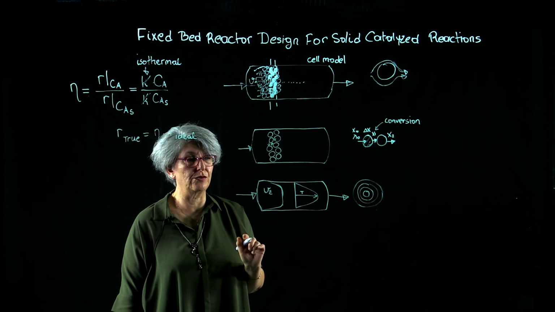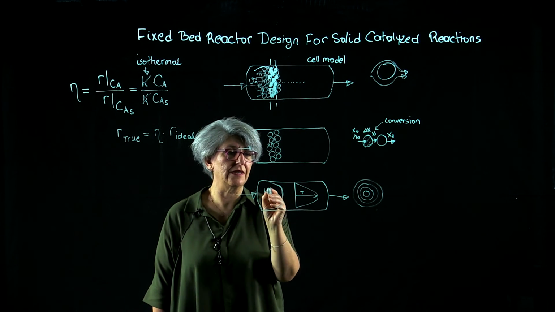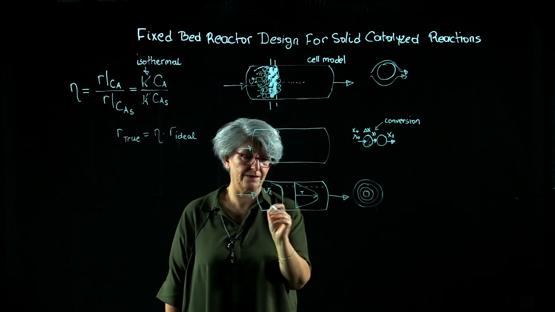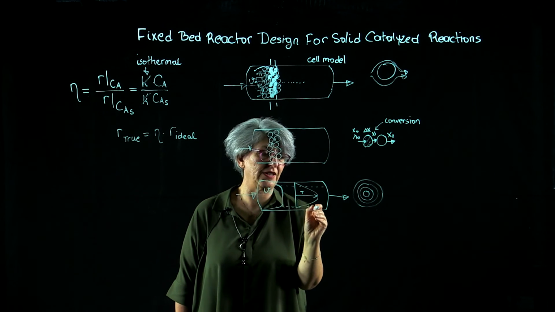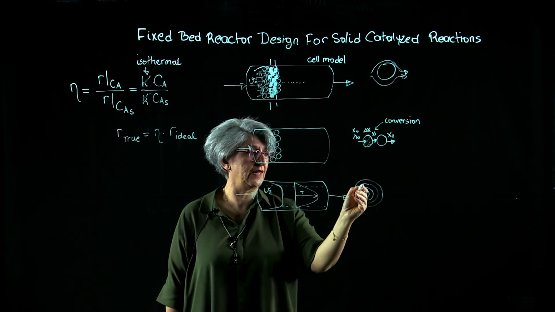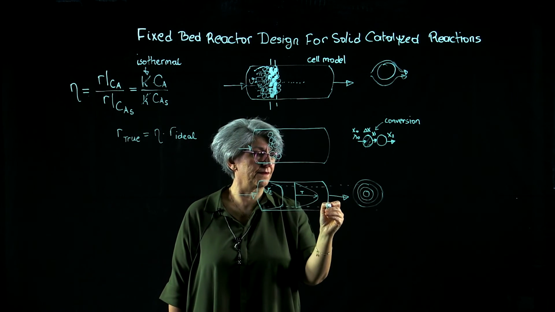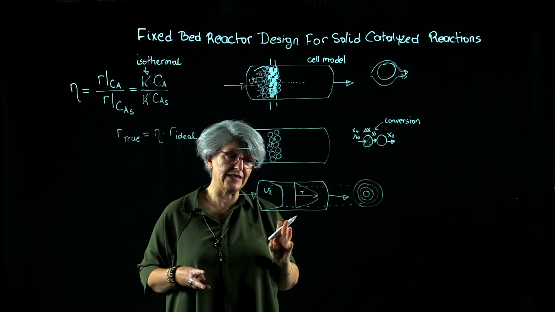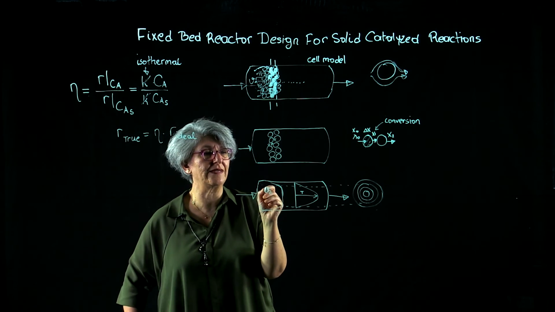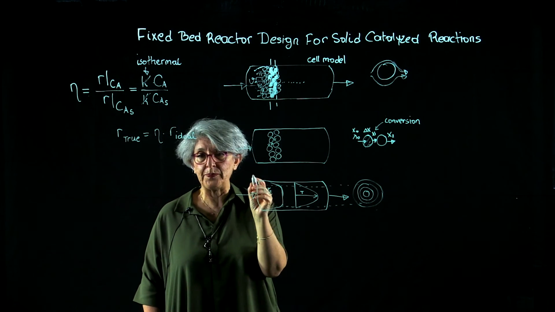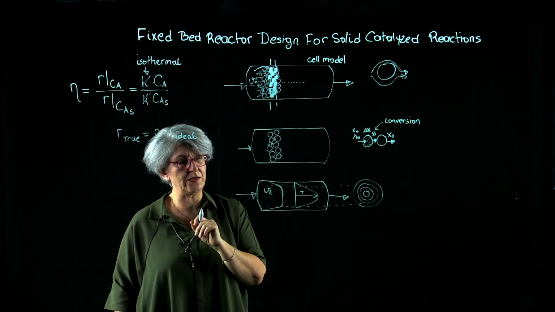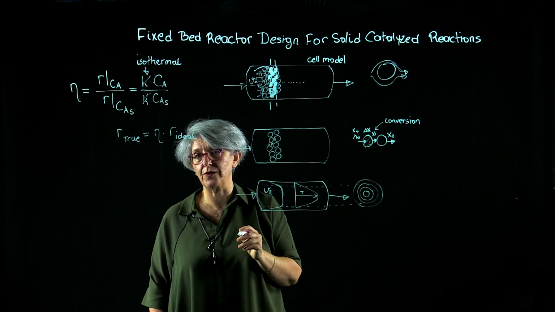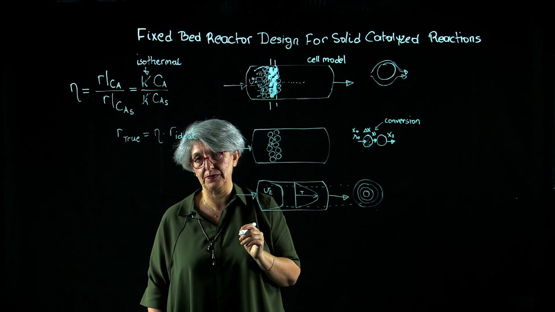What am I going to do? I'm going to imagine that here in this shell, which is the same shell as this one, right? It's this shell. It's my shell where my velocity profile is changing, that I have a constant uniform velocity, and that I have constant uniform temperature.